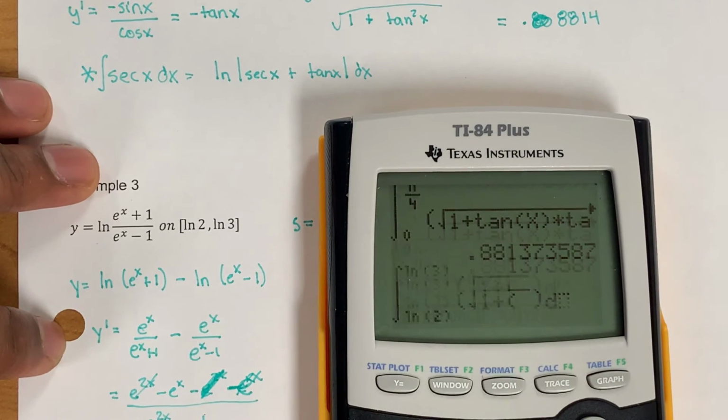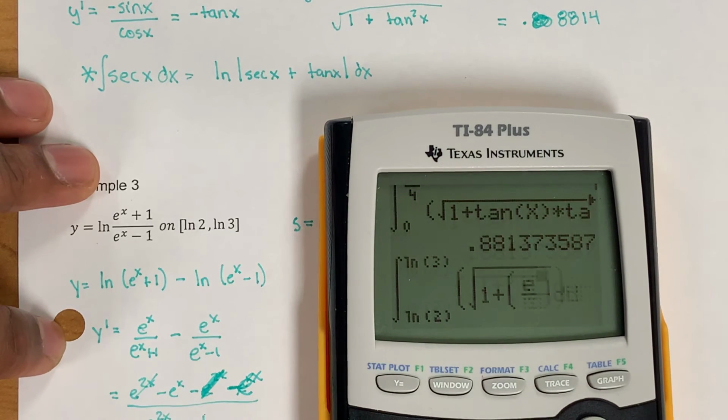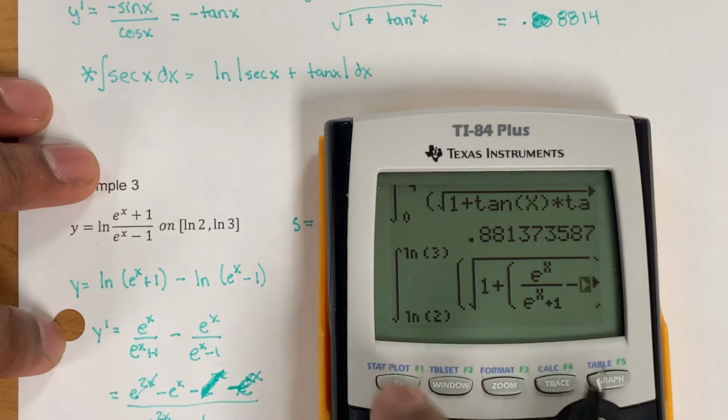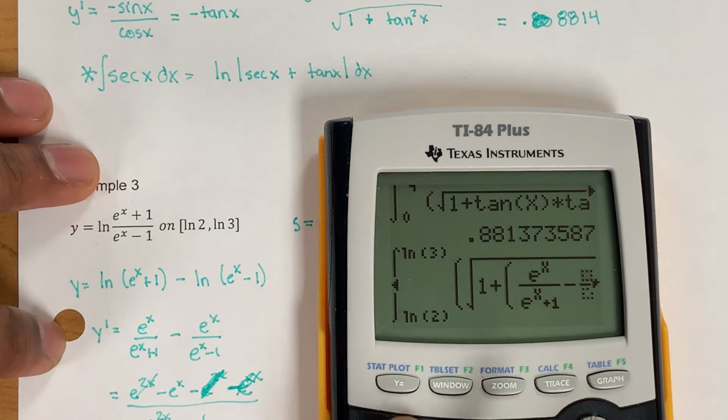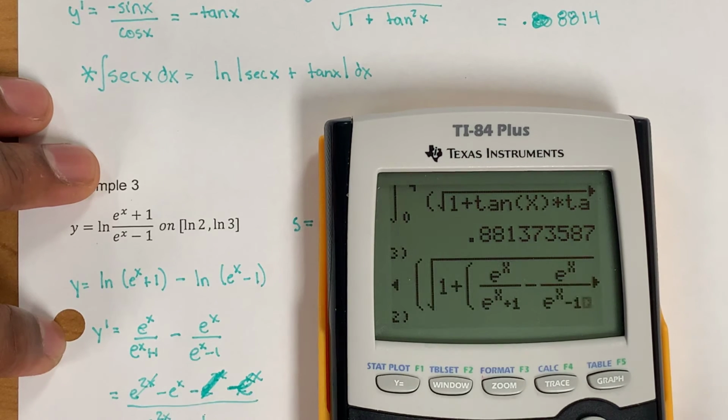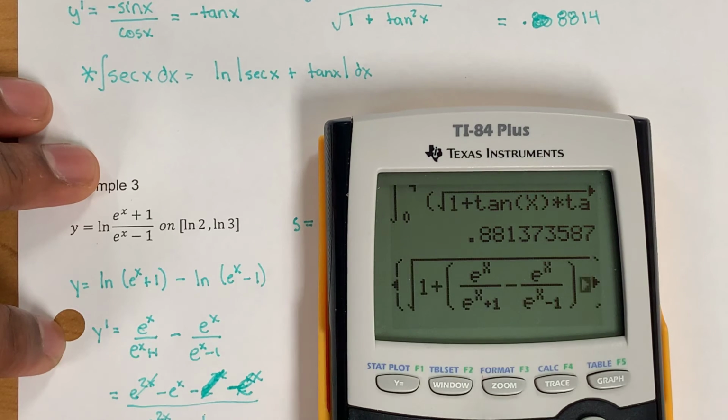So alpha y equals e to the x over e to the x plus 1 minus e to the x over e to the x minus 1, close parentheses squared.